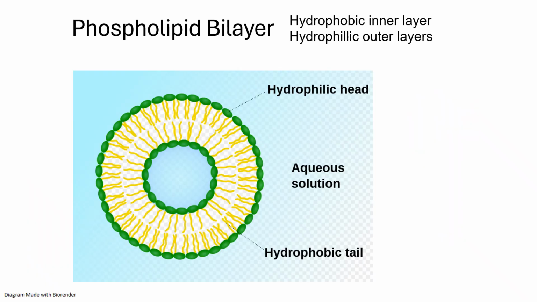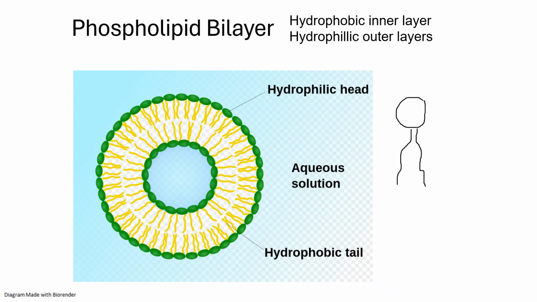The cell membrane at its heart is really just a double layer of phospholipids. Recall, phospholipids have a polar or water-loving head of glycerol, and then they have these nonpolar or water-hating tails.